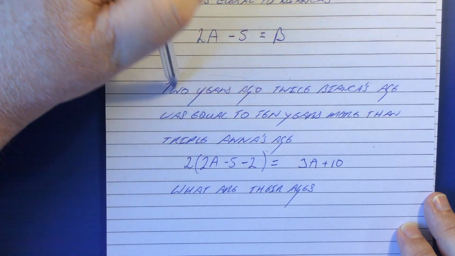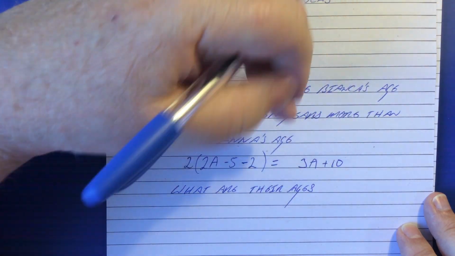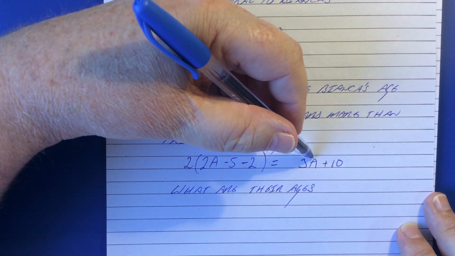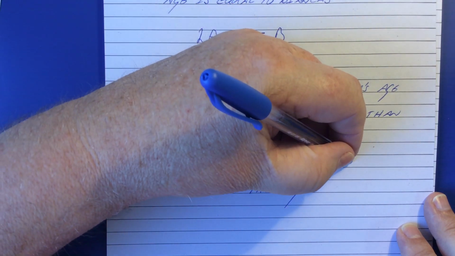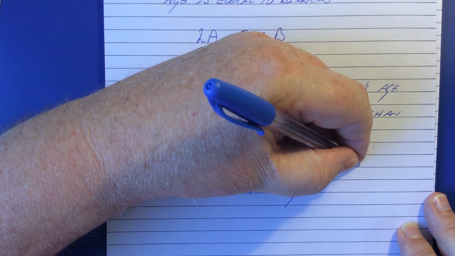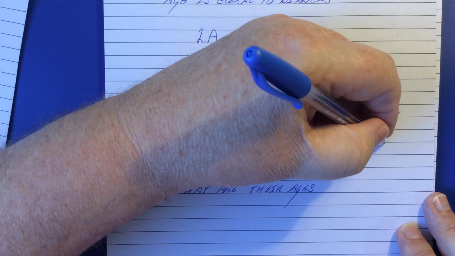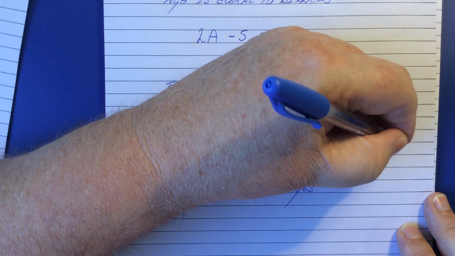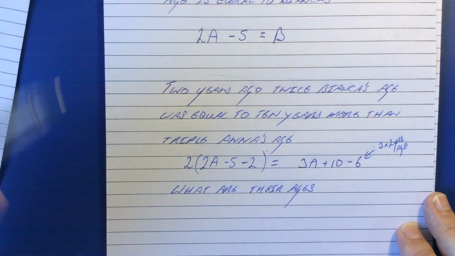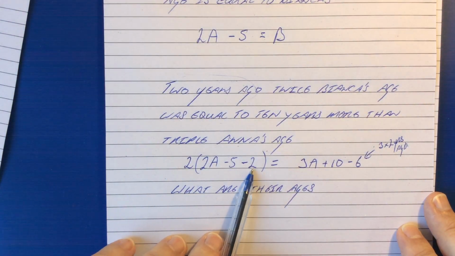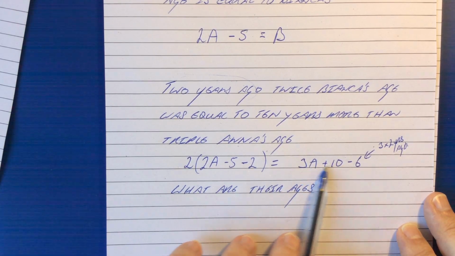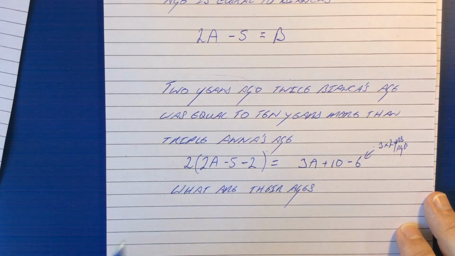What do we do about the 2 years ago part, though? Well, it's 3 times Anna's age, so for every one of Anna's ages, if you will, we have to subtract 2. So we will subtract a total of 6. And that is 3 times 2 years ago. Okay, so we'll wind up subtracting 4 here because we've got twice that, but this is probably the neatest way to write this.